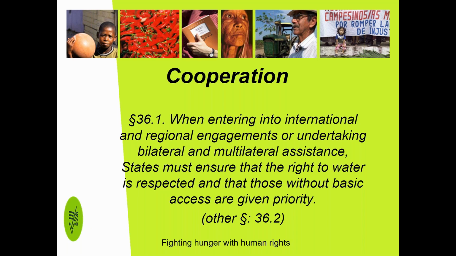Sometimes it comes as aid or assistance, and at the end we realize that it is not really assistance, rather there's something hidden behind it. So pay attention, and this kind of paragraph in the guidelines could be very interesting to support your arguments.